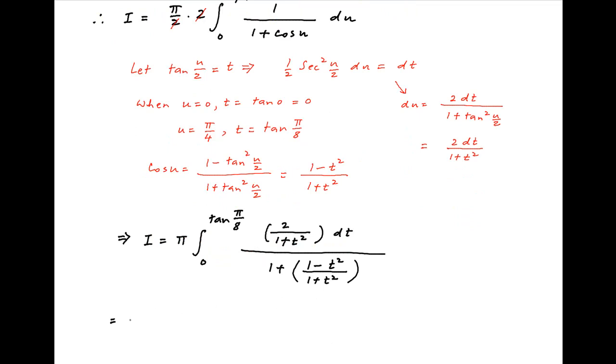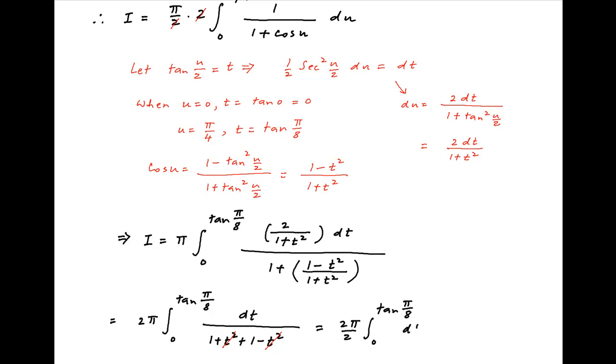This simplifies to 2 pi times integral 0 to tan pi upon 8 of dt upon 1 plus t square plus 1 minus t square. This is equal to 2 pi upon 2 integral 0 to tan pi upon 8 of dt, which simplifies to pi times tan pi upon 8.